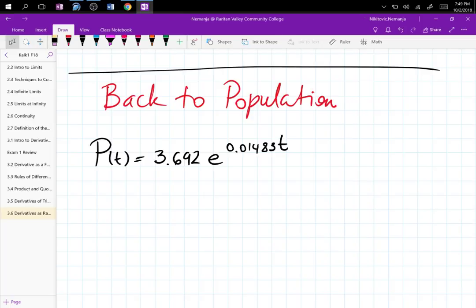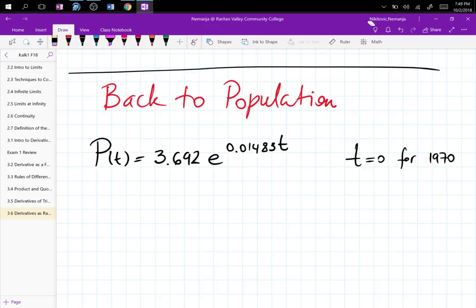We have the model for population for the planet Earth. And now we know that t equals 0 for 1970. So we can calculate now the derivative and then use that derivative to calculate how many more people we add in a single year when you put some number for t, which would add to 1970.